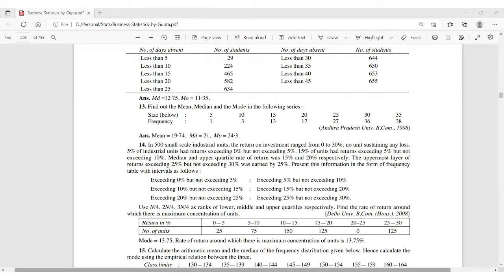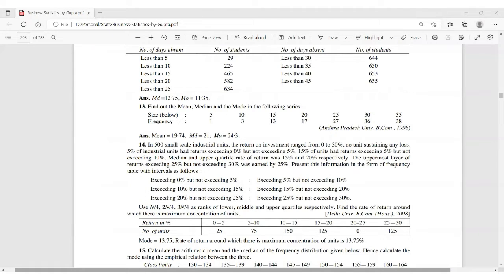Similarly, in the third series we have 1, 199 and 200, so there is much more deviation. A lot of deviation is there.